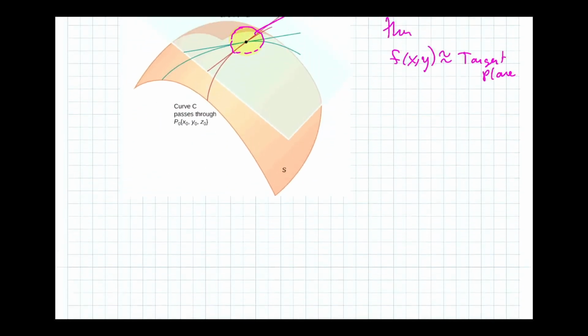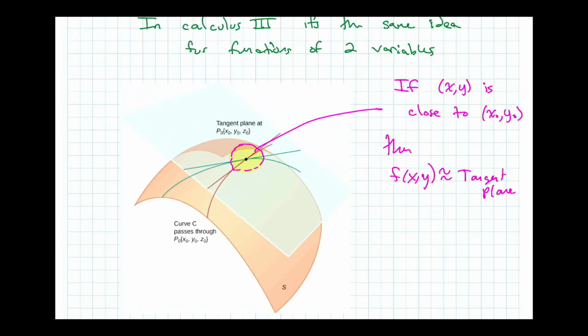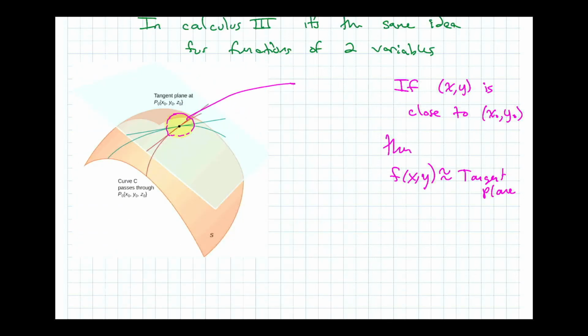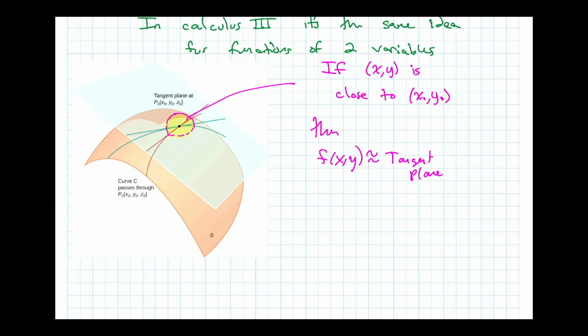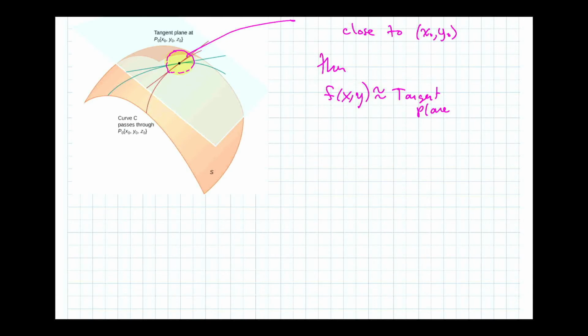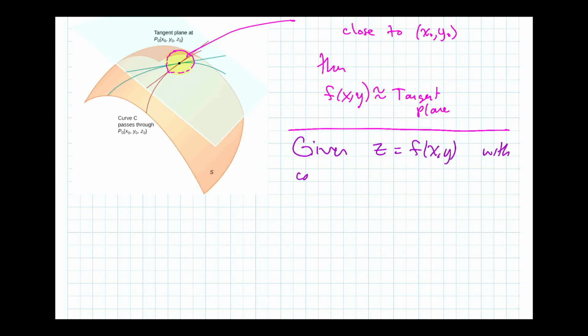So in symbols, though, let's figure out how to write this. I didn't really leave myself a lot of room. Move this over here a little bit, make it a little bit smaller. Okay, I think that's good enough. So we can say it this way. Given a function with continuous partial derivatives, so given z equals f of x, y with continuous partial derivatives, right?